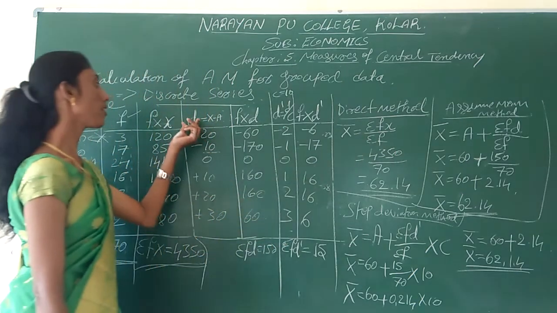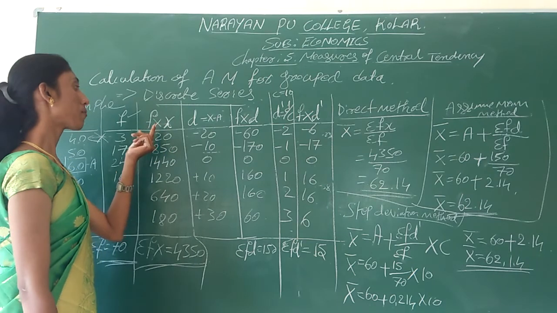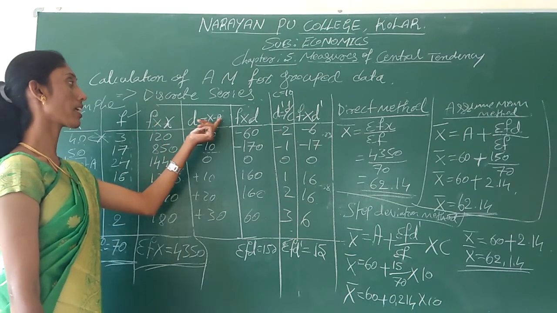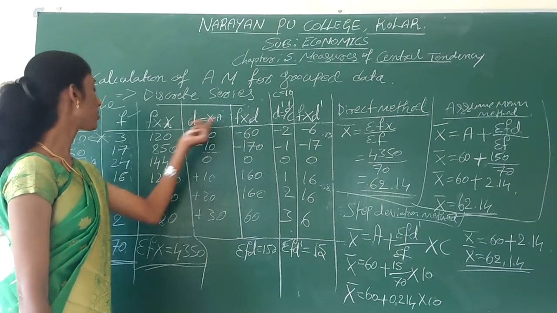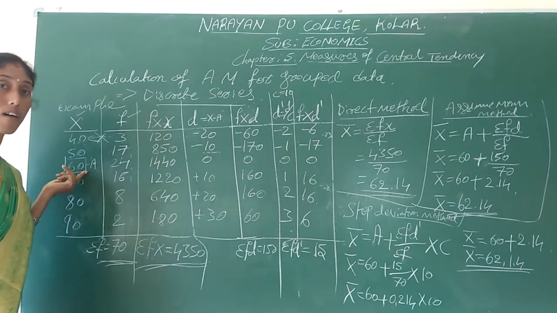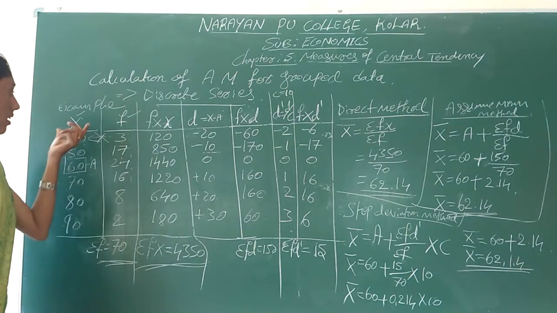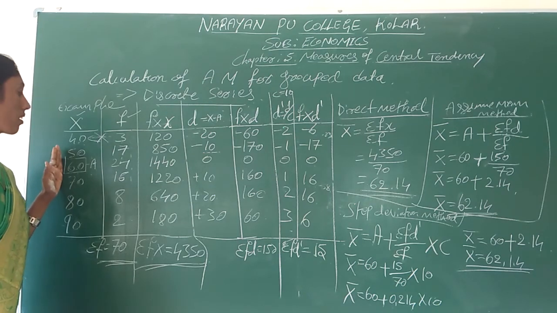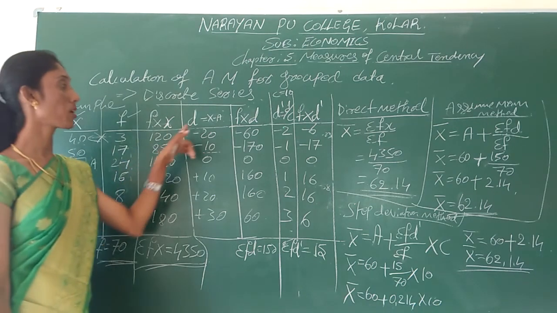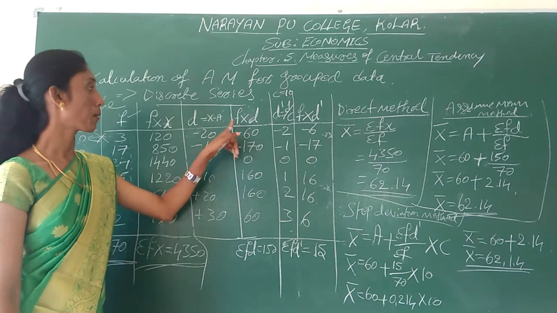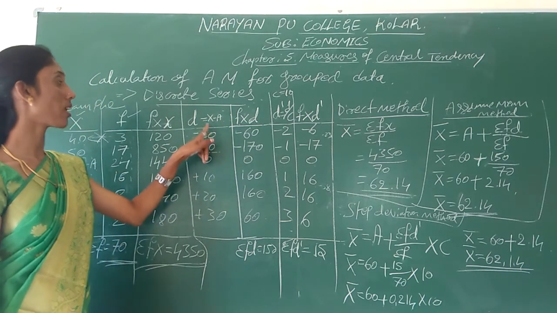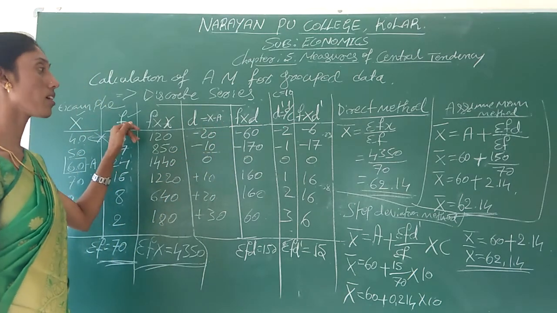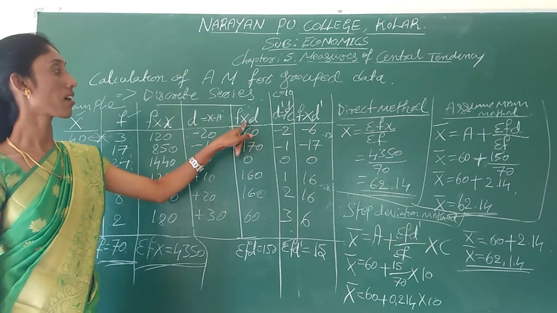Likewise, we obtain the deviation by taking an assumed mean. We take the assumed mean from the observation column only, in the x series, and by this assumed mean we obtain d. Multiplying these d values with f, we get f into d.